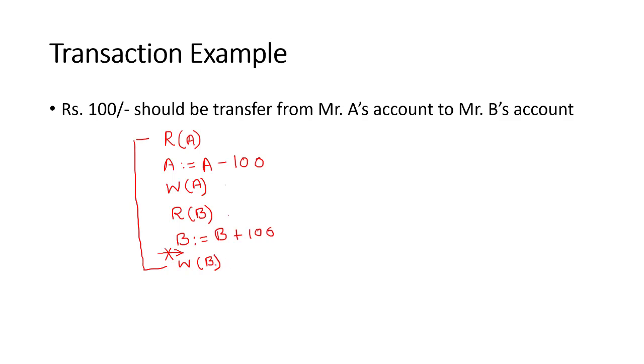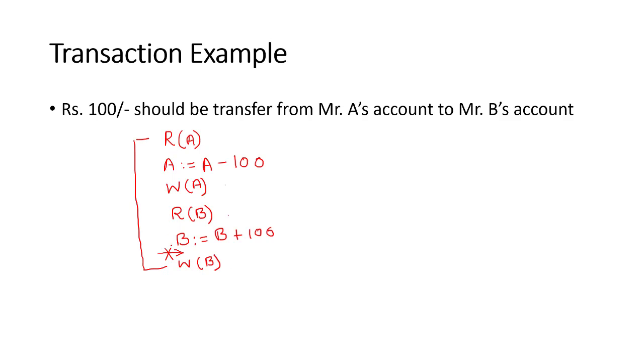To maintain atomicity, we need to roll back or cancel out all the previous operations. Otherwise, if we are not able to perform all the operations, then we need to cancel out all the previous operations done by the transaction. So this will ensure our atomicity.